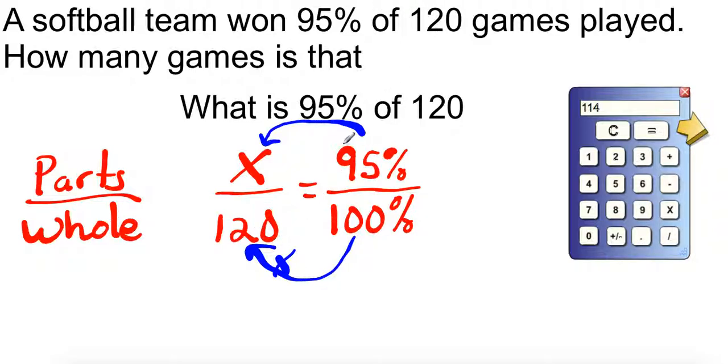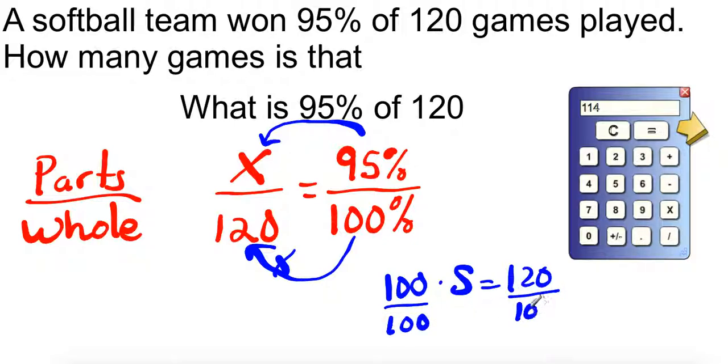So just like the beginning of the year, we are going to multiply 100 times something, or our scale factor, to equal 120. I'll divide both sides by 100. 100 cancels out. And if I solve this, 120 divided by 100, I get that my scale factor is just 1.2.